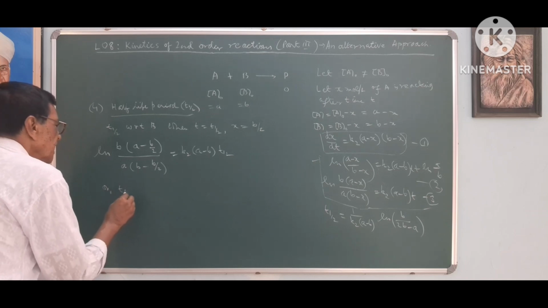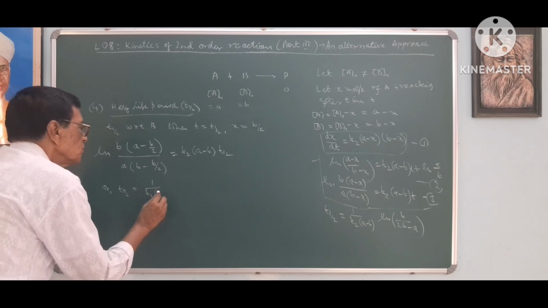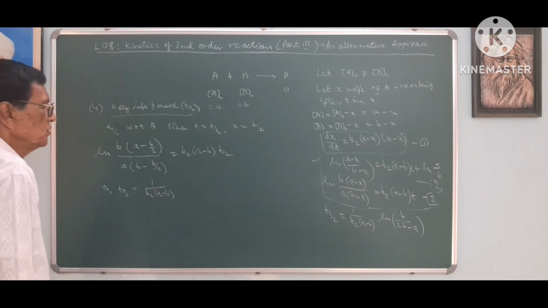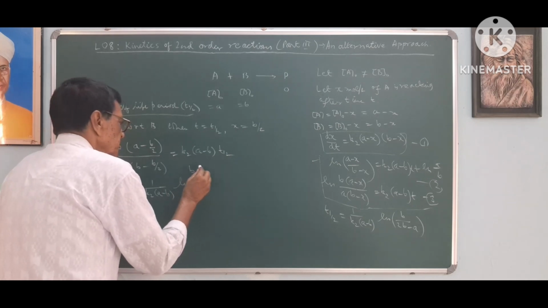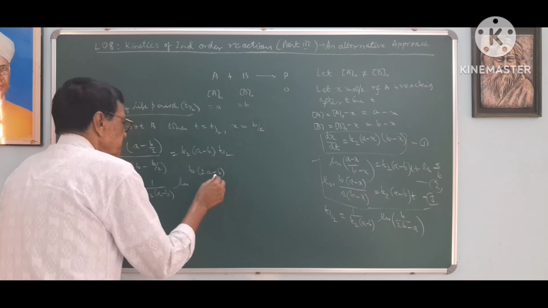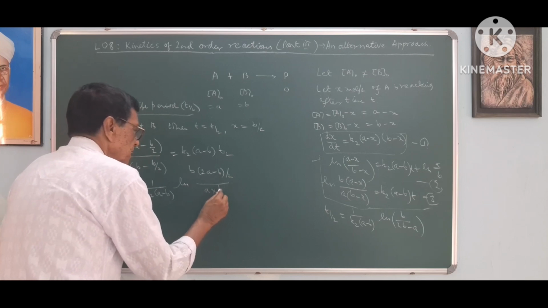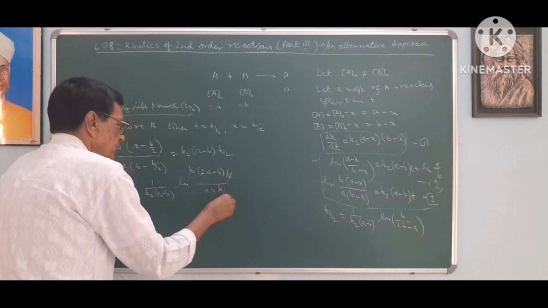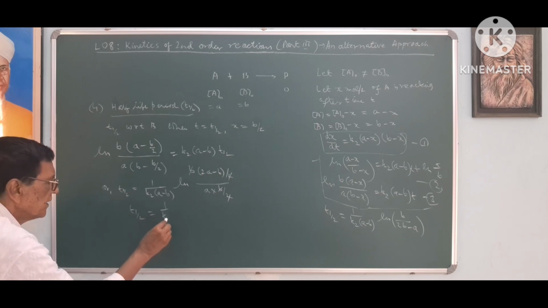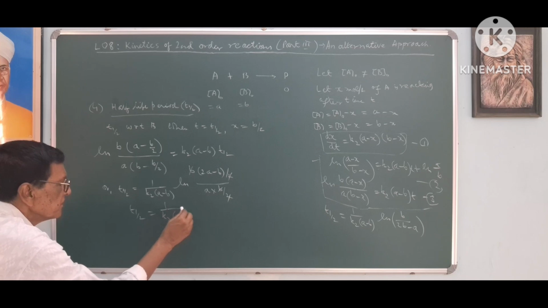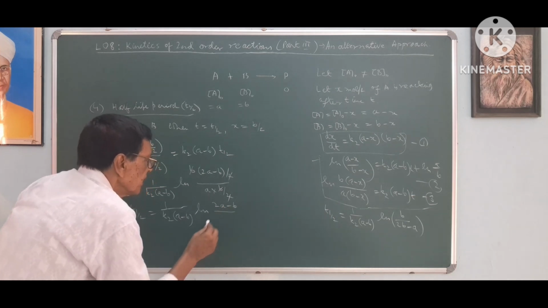Or you can write t half equals 1 by K2 into A minus B, into ln B into twice A minus B by 2, divided by A into B by 2. B cancels, half cancels.